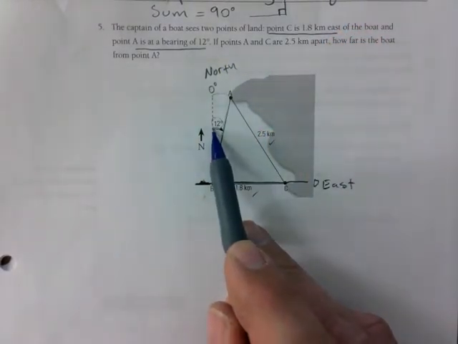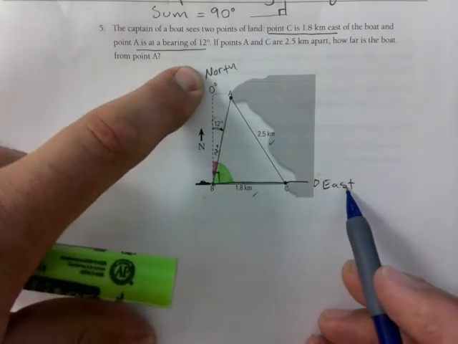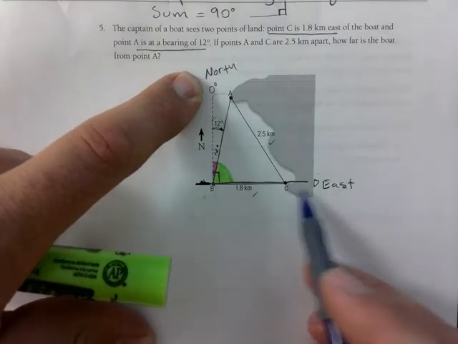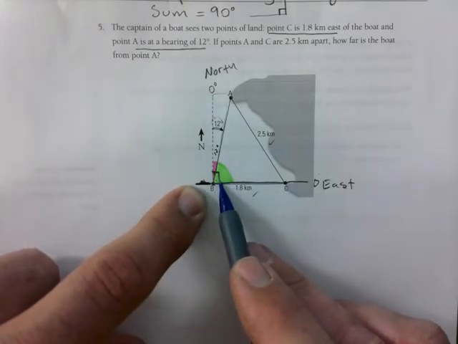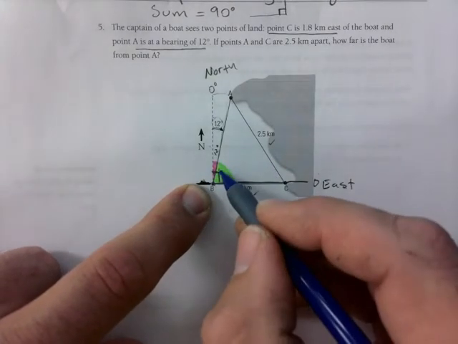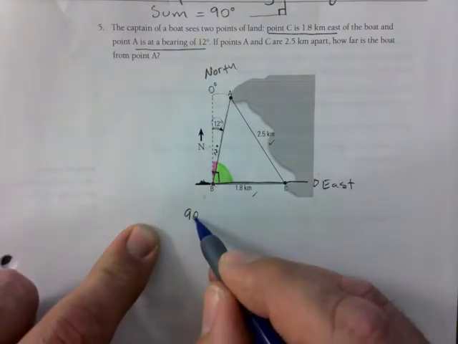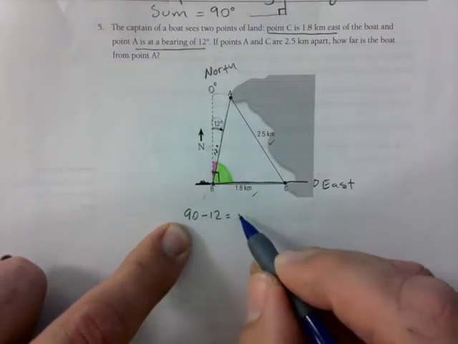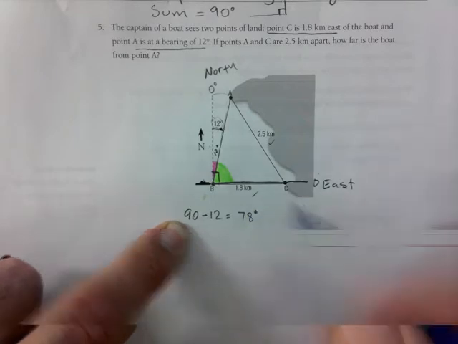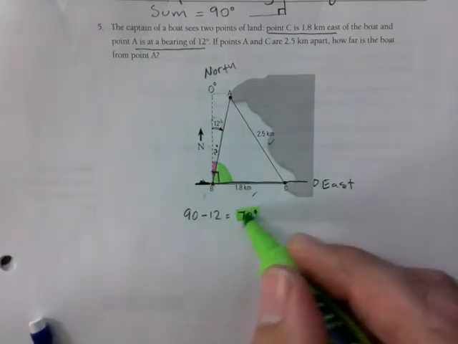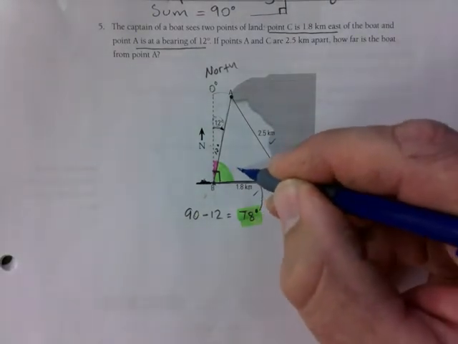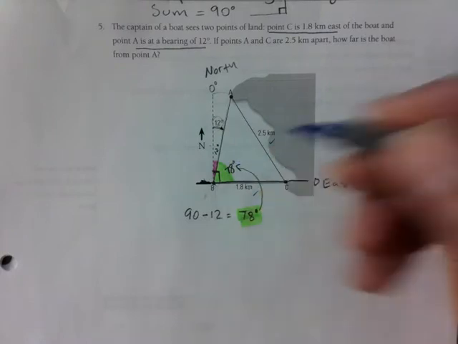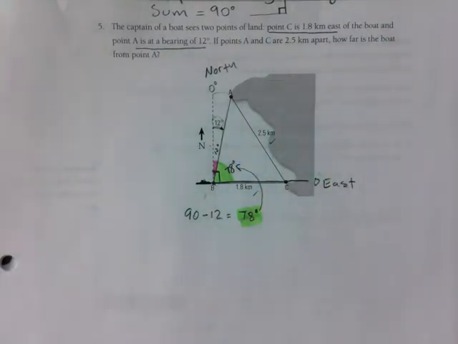You would all have to agree that those lines meet at a 90, correct? So we have a 90 degree between those two lines. And so to get the green part, we just go 90 minus 12. And that is 78 degrees. I will highlight that green. So that is what goes in here, 78 degrees. And now you have an angle inside the triangle.